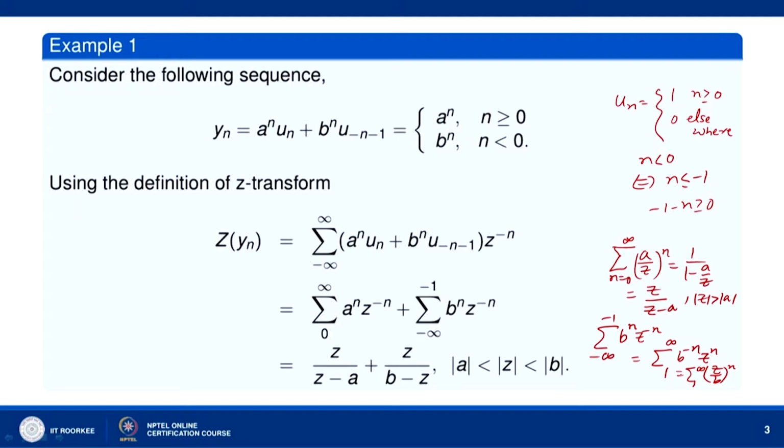This is again a geometric series and will be convergent if mod of z over b is less than 1. Sigma n equal to 1 to infinity (z over b) raised to the power n is z over b over 1 minus z over b, provided mod of z is less than mod of b. So, this is z over b minus z.